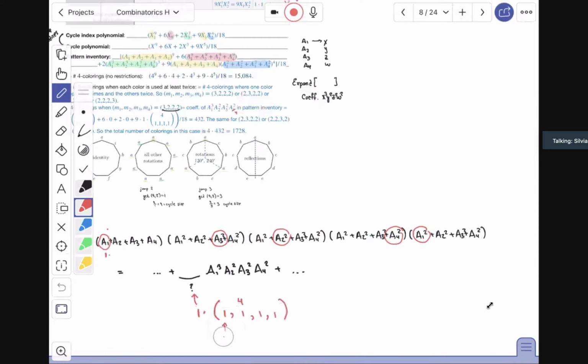So this is choosing an A1 square, this is choosing an A2 square, like from which parentheses it comes from, A3 square and A4 square, from those 4 parentheses, and this is selecting an A1.